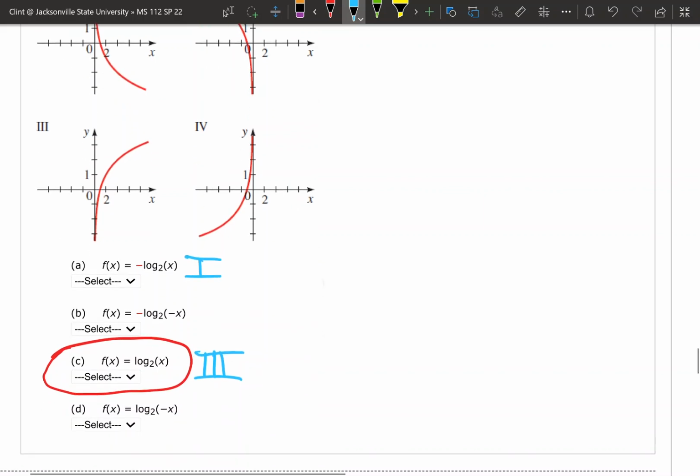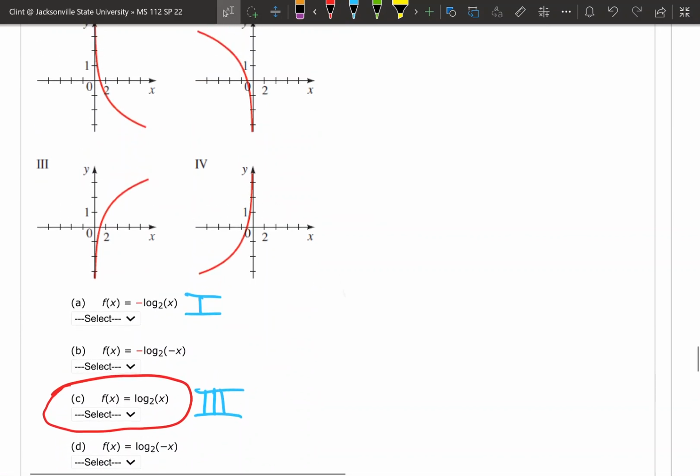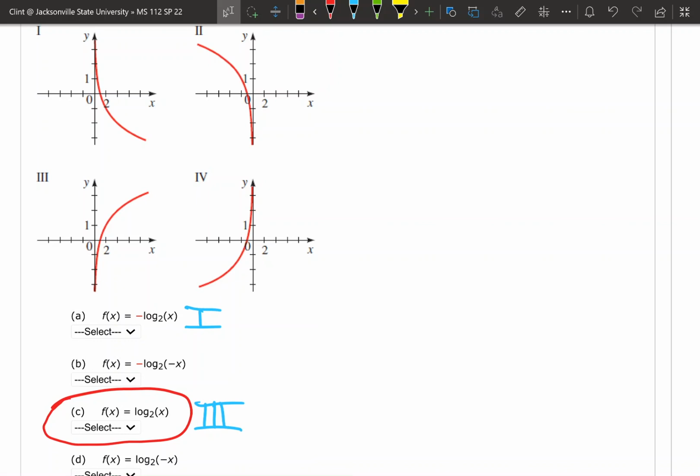And then I would probably look at D down here where I've got the minus sign in there with the x. If I've got a minus sign with the x, that's going to flip left and right. So if I start with this one and I flip it over the y-axis, which one's that? It's 2. Nope, sorry, 2's D.